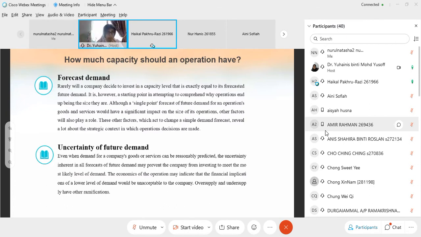Other factors will play a role. Where is it? Oh, will also play a role.